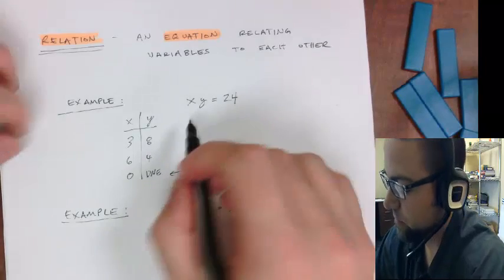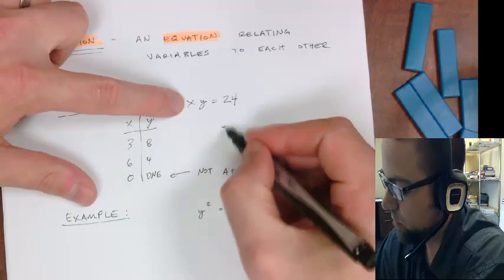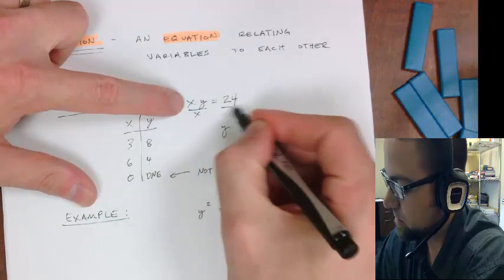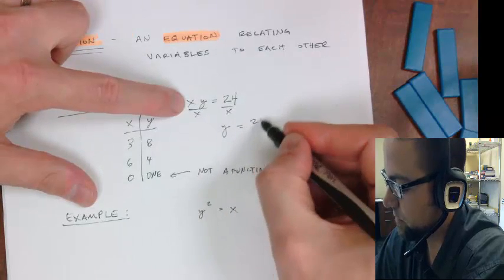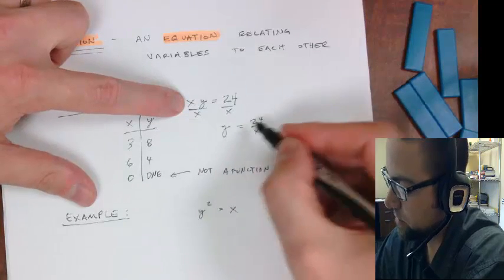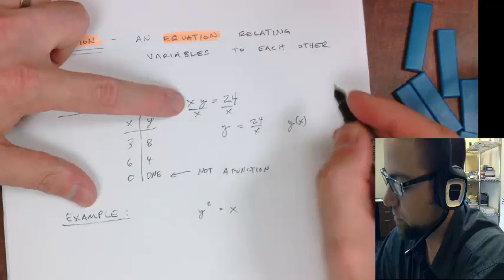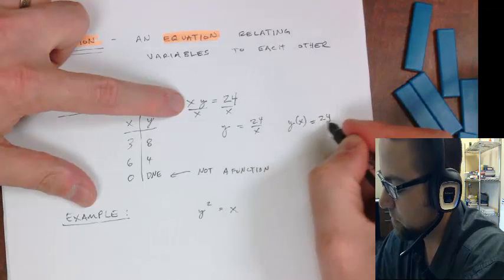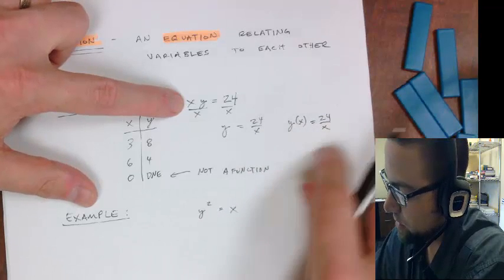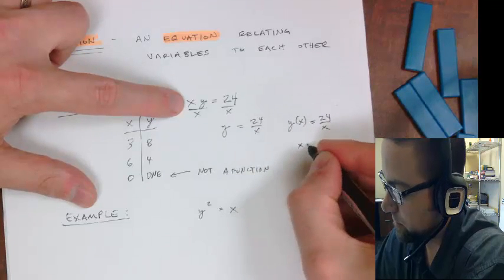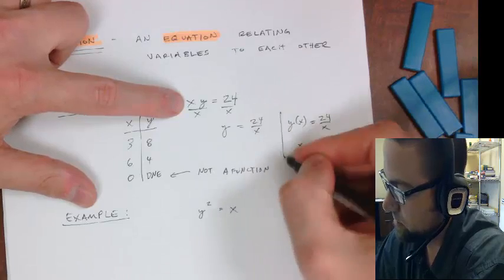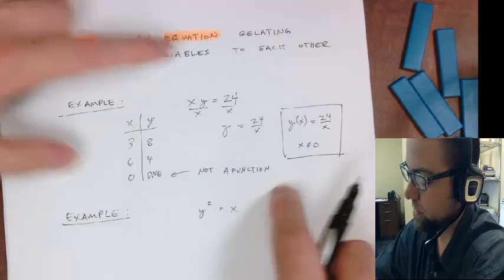Okay, so maybe you can rearrange the equation and say, I'm going to divide both sides by x. y is equal to 24 divided by x. So maybe you could say y of x is equal to 24 divided by x, so long as x does not equal 0. Now I've turned it into a function.